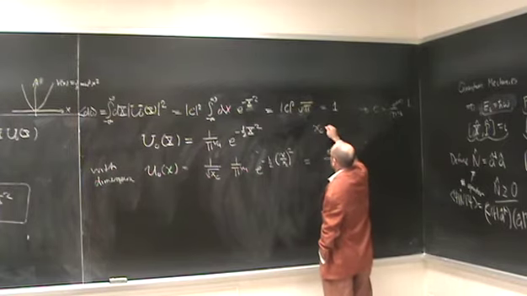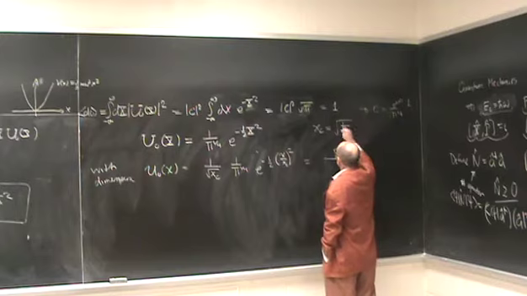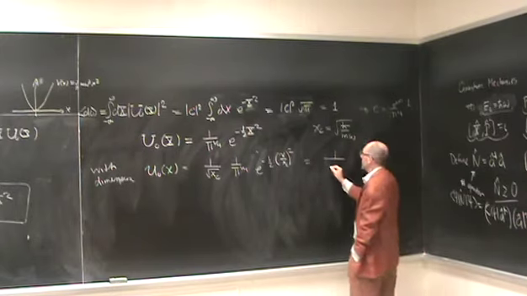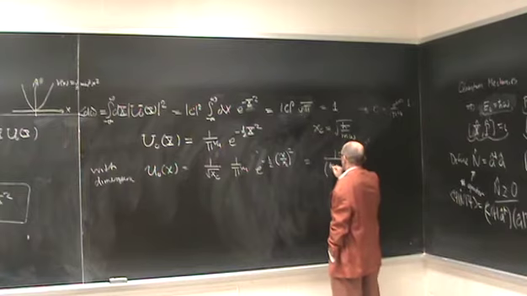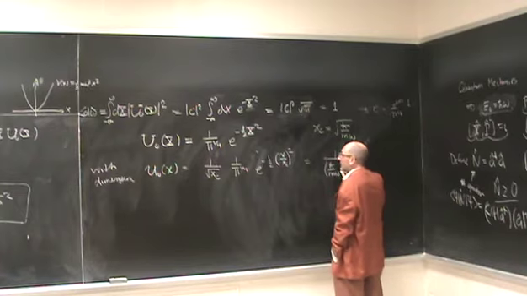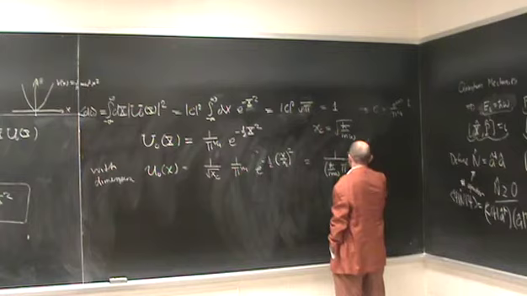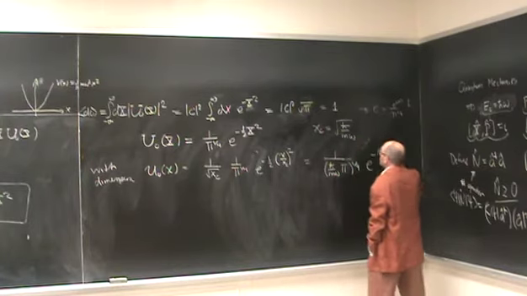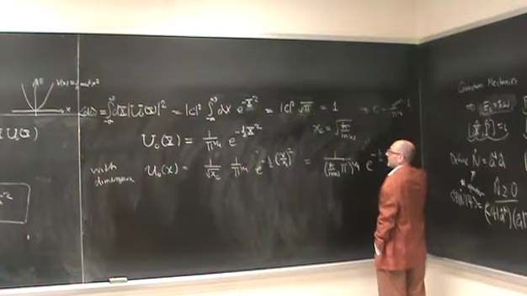Remember, x c was the square root of h bar over m omega. This is equal to the fourth root of m omega over h bar pi, times e to the minus a half m omega x squared over h bar.